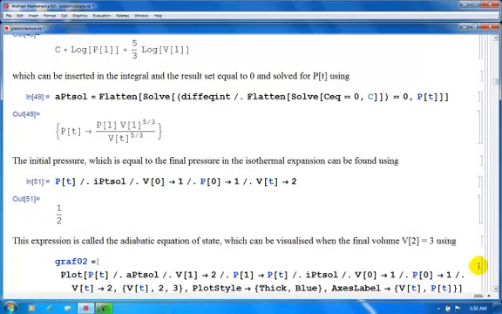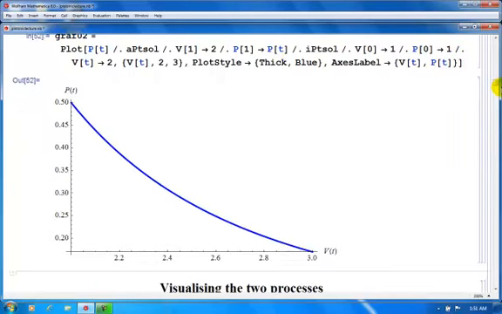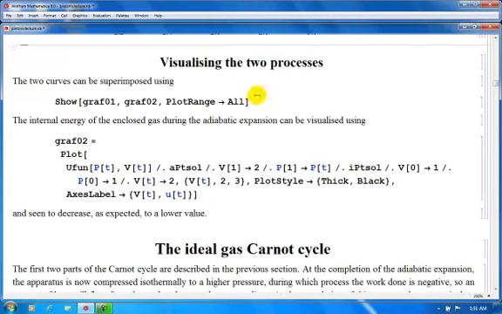visualized in the case where the final volume is 3. So let's do that here. So that's what it looks like. The pressure falls from 1/2 down to a much lower value. And now let's visualize the two processes together.